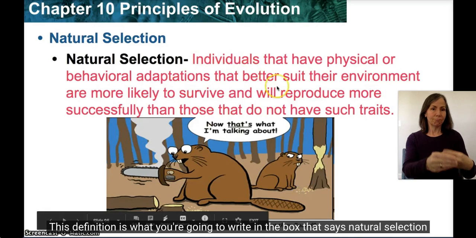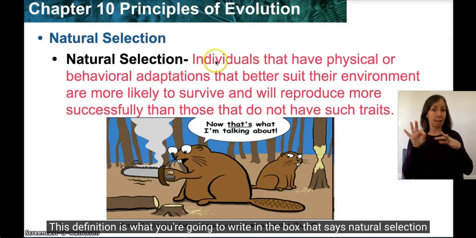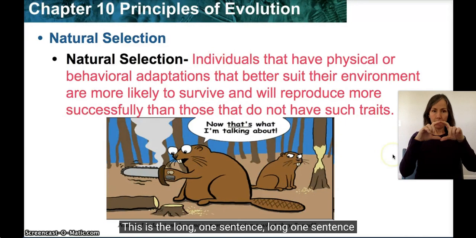This definition is what you're going to write in the box that says natural selection. This is the long one sentence.